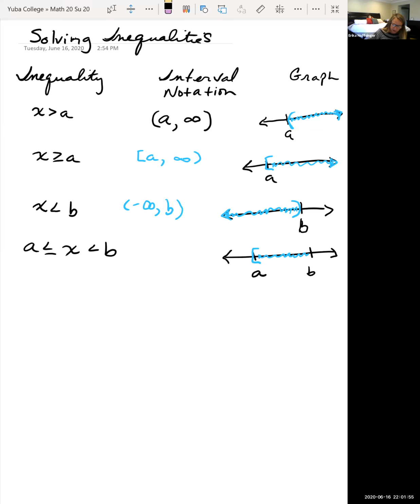B does not, so we're putting a parentheses. And so in interval notation, we write it just kind of like we did our graph. Smallest value on the left was a. It included it, so I had the bracket, comma, and the largest value is b, getting closer and closer to b, but actually never including it, so a parentheses.